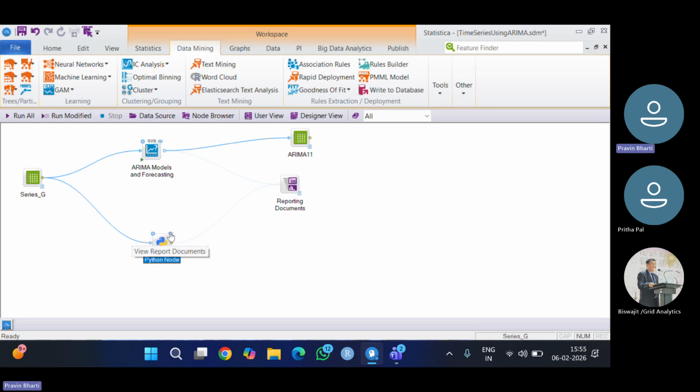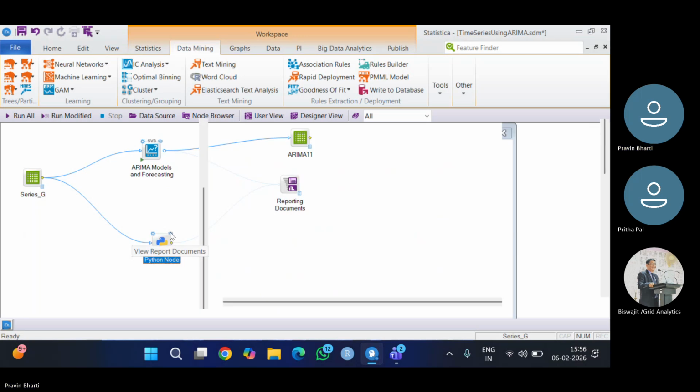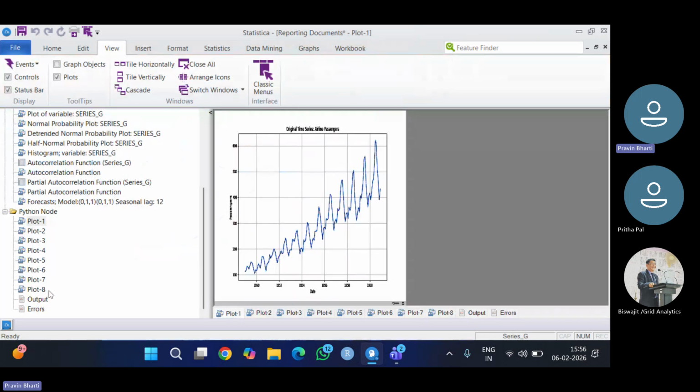Now we can go to the local output from the book kind of symbol. And we can see here, in the left pane, we got 8 plot outputs. In plot 1, we have the raw time series plot, through which we can see the growing trend and the multiplicative seasonality.